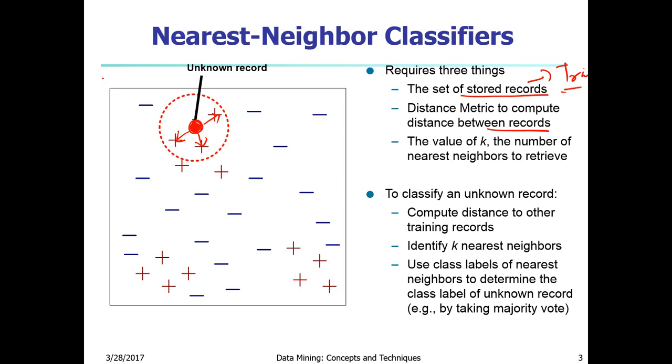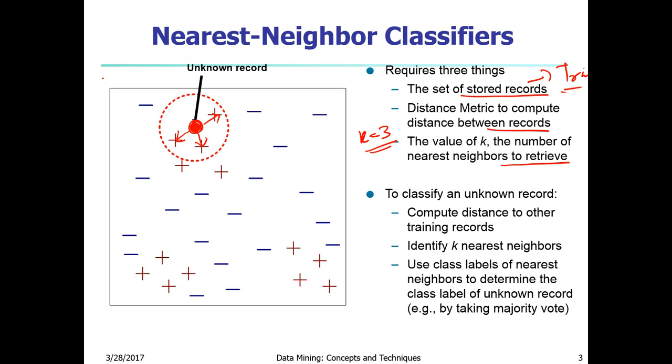And the third thing is the value of k, the number of nearest neighbors to retrieve. That means you also need to know what exactly the value of k should be, 3, 4, and so on.